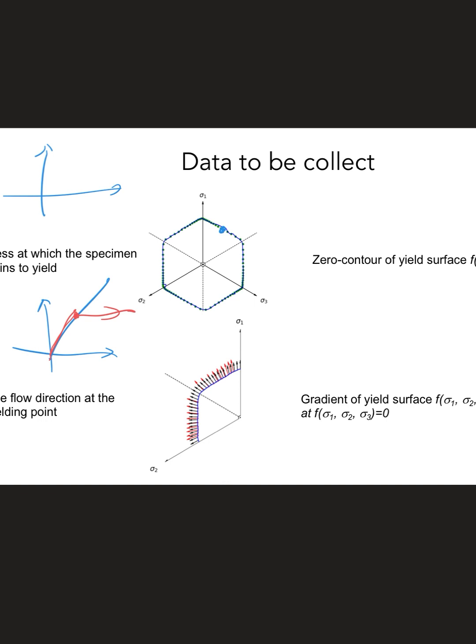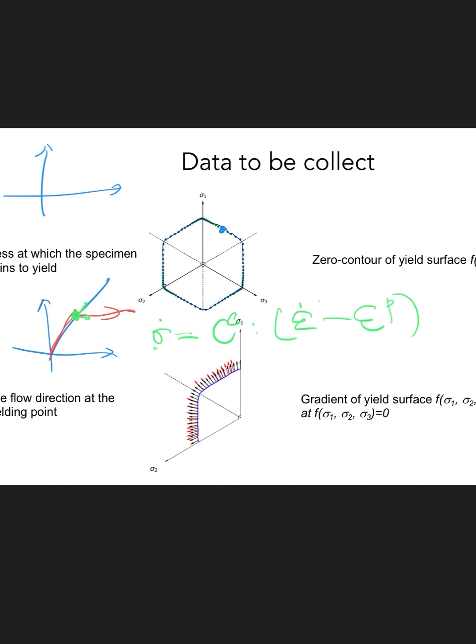So this part is the yield point, and from comparing the discrepancy, you can, because you know the stress change equals the elastic stiffness double dot the total strain change minus the plastic strain change.